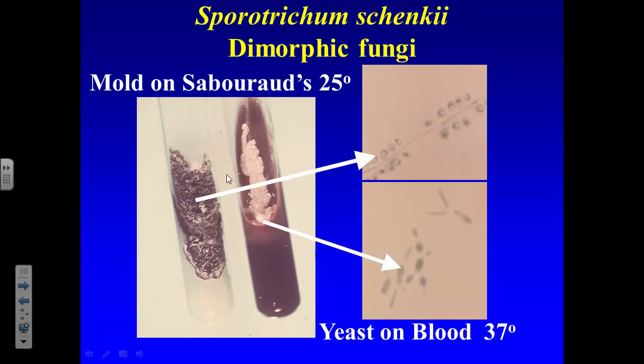But if you put it at 37 degrees on blood agar, it grows as an elongated yeast cell, shown here. So blood at 37. Which means that in our bodies, if we were to find an infected lesion with this fungus due to stabbing, we would find the yeast phase, shown here.